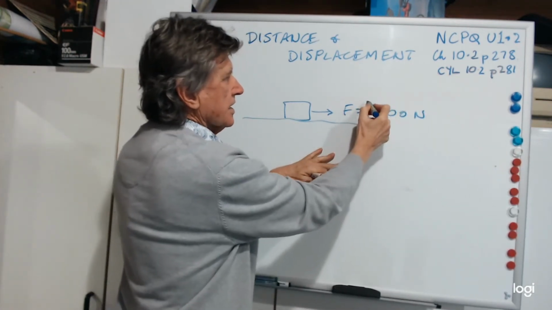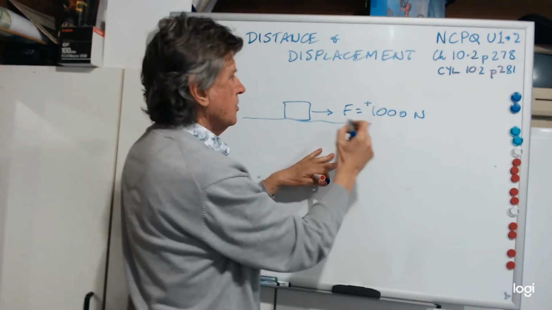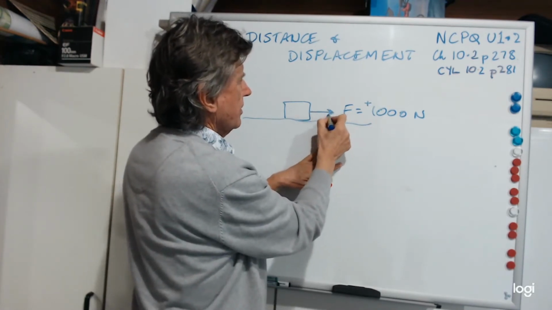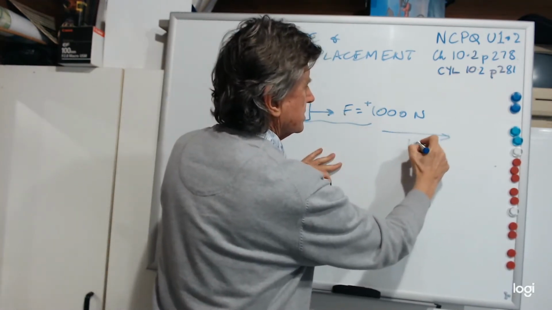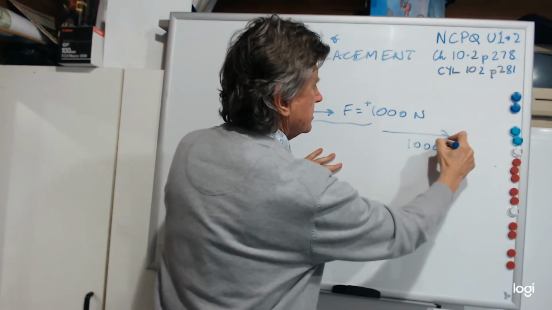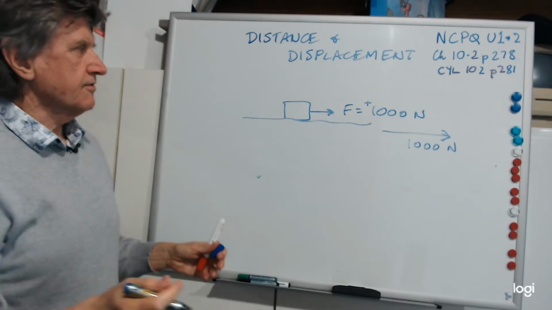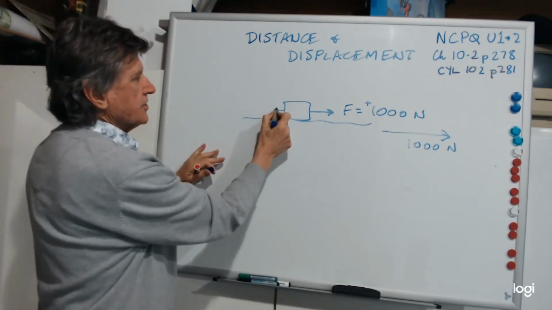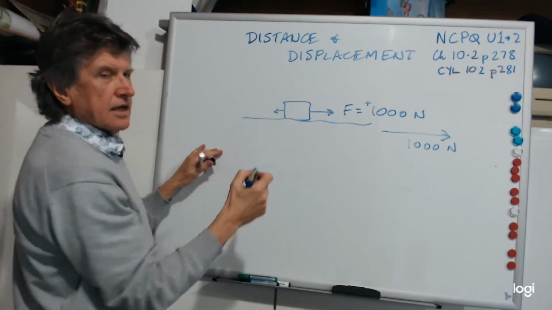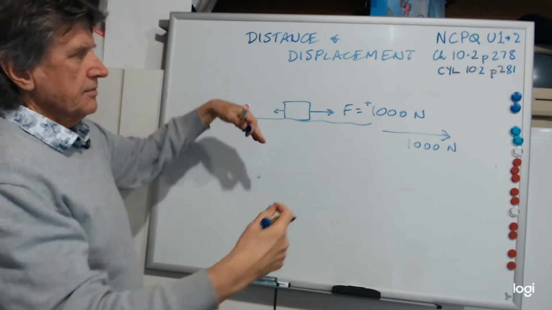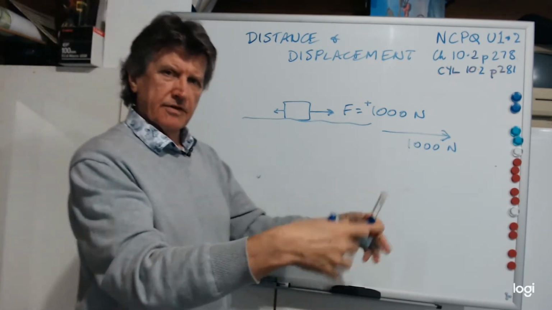So we could say plus 1,000, or we could say that arrow is representing this 1,000 newtons. Okay, now let's imagine there's some friction. Now friction will act in the opposite way. Okay, so you'd subtract them, and that's the topic for this next little bit.